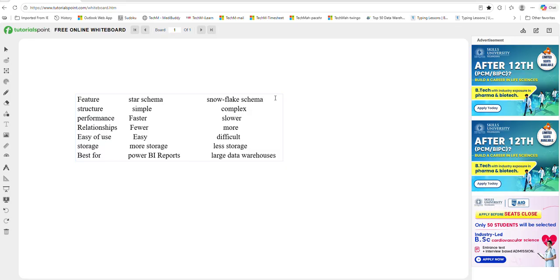Now I will explain a practical demo. In the practical session, first import the sales table.